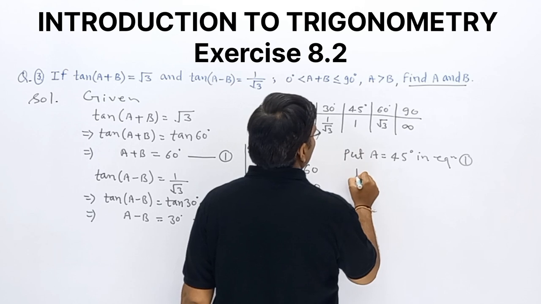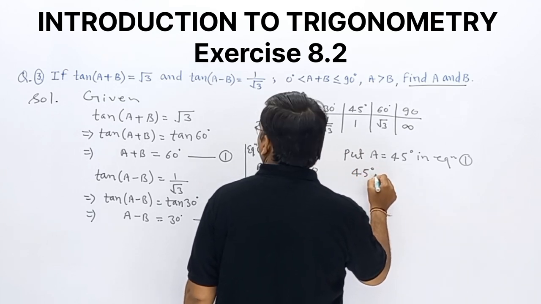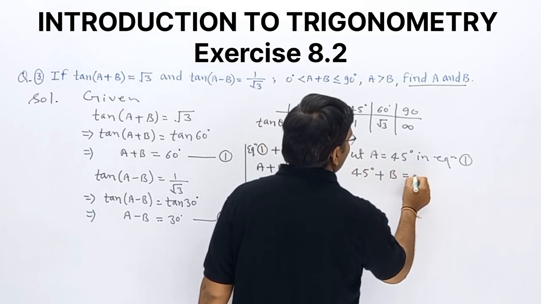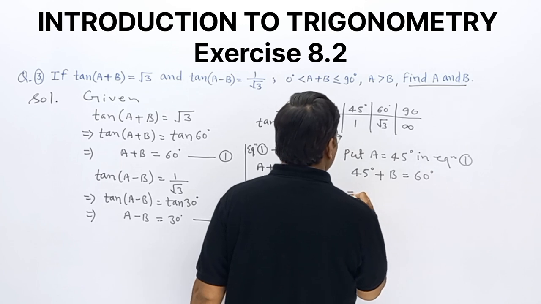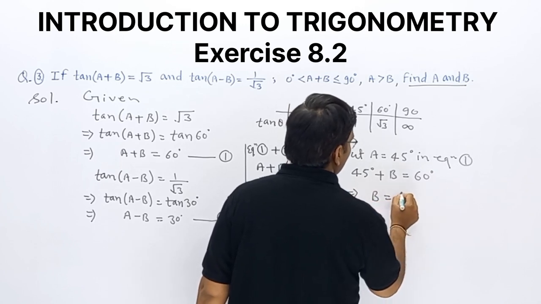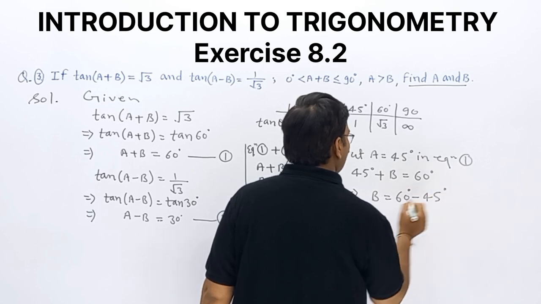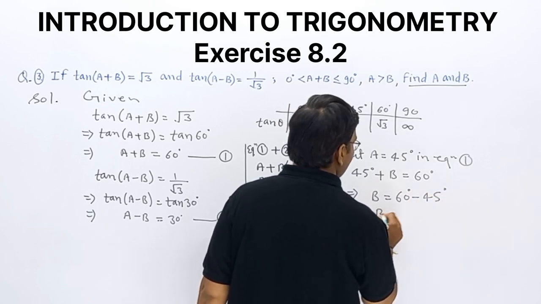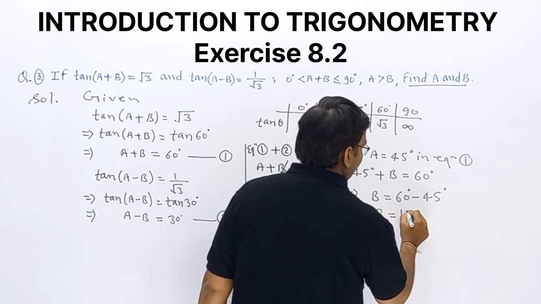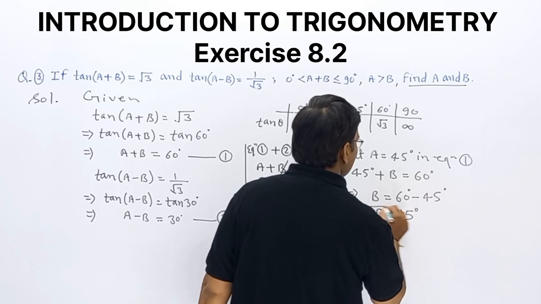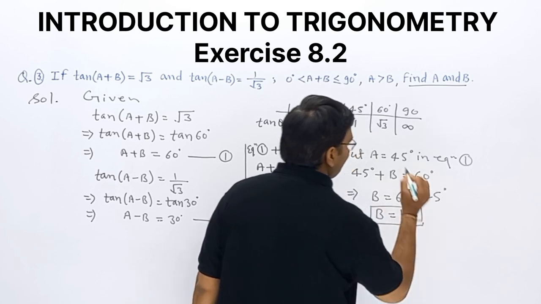So 45 degree plus B equal to 60 degree. Solve this one. B equal to 60 minus 45, 60 degree minus 45 degree. What we are getting? B equal to 15 degree. So the value of B is 15 degree.